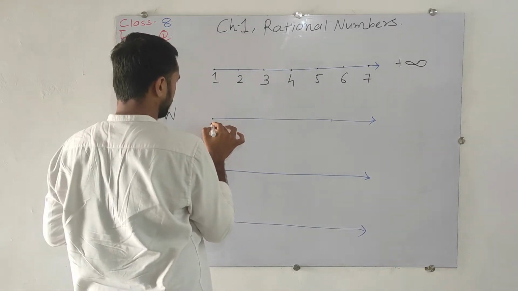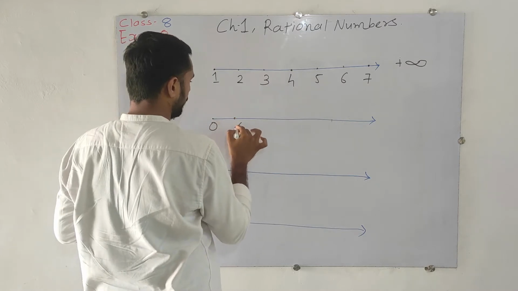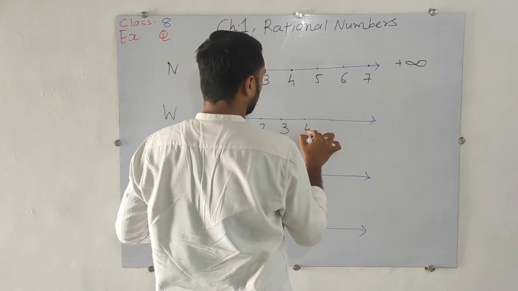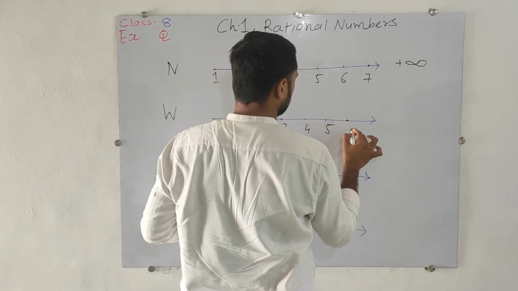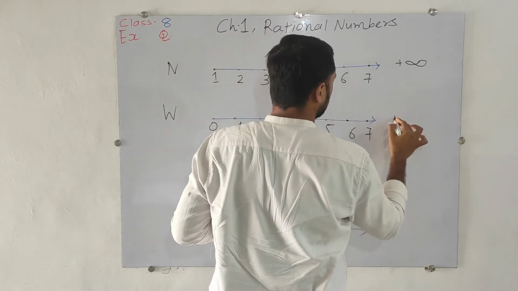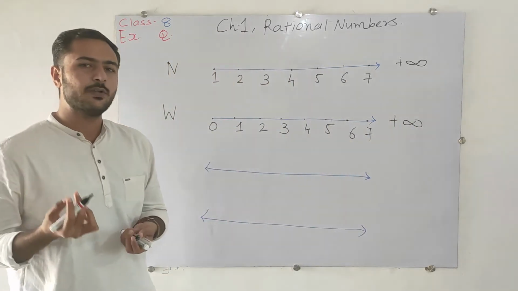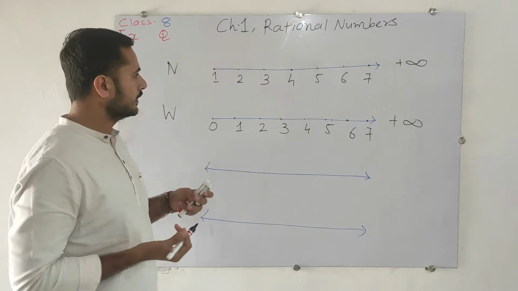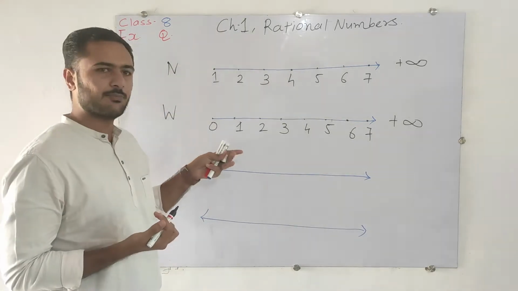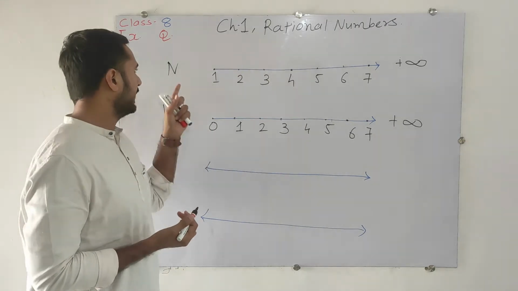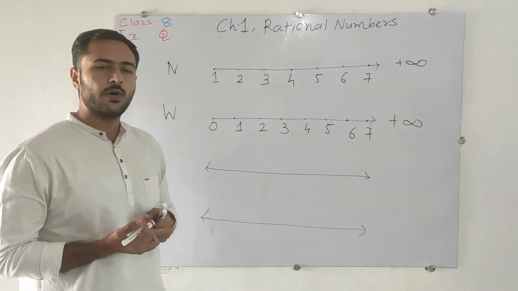So here we start from 0 only, then 1, 2, 3, 4, 5, 6, 7 until plus infinite. In natural numbers and whole numbers there is only one single difference, that is the 0. The number line is almost the same, but in whole numbers we include 0 and in natural numbers we start from 1.